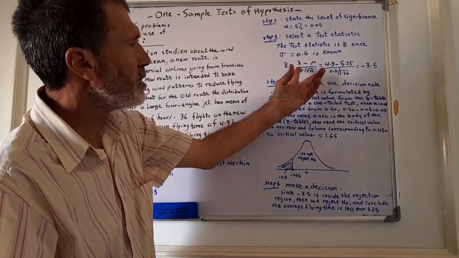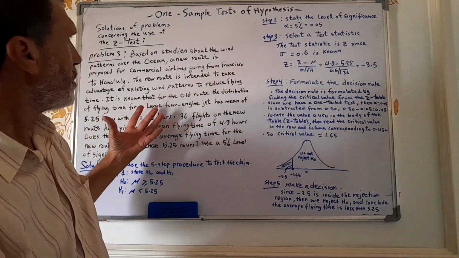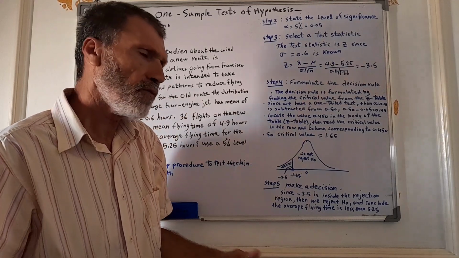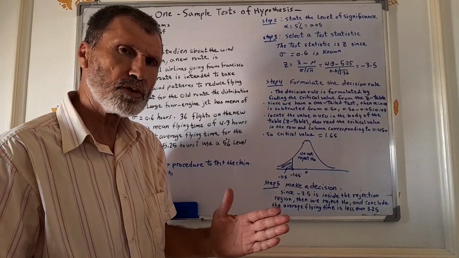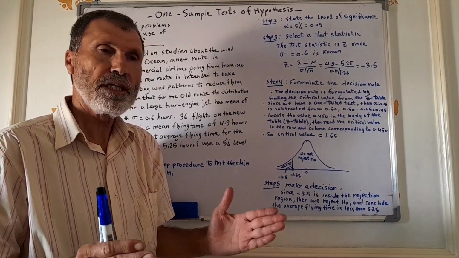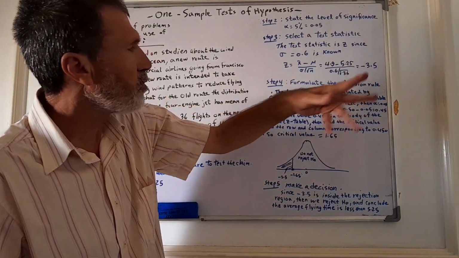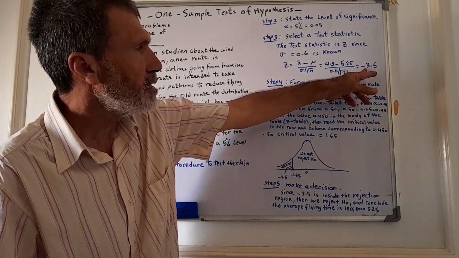We plug all these values into the formula and come up with minus 3.5. In the Z table we don't have negatives, because the normal distribution is symmetrical, so we take 3.5. Of course, this is minus 3.5.